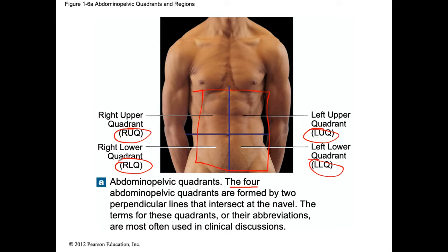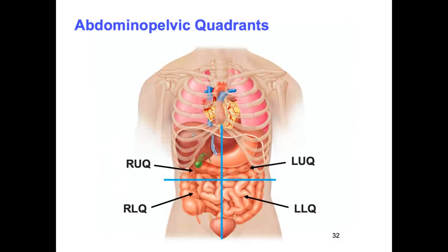And typically, we use this type of terminology. We may say, patient came in fetal position with excruciating pain in the right lower quadrant with a fever of 103 and vomiting. Right? So now we would have to say, all right, let me go back to my anatomy and try and figure out what body parts are located here in the right lower quadrant.